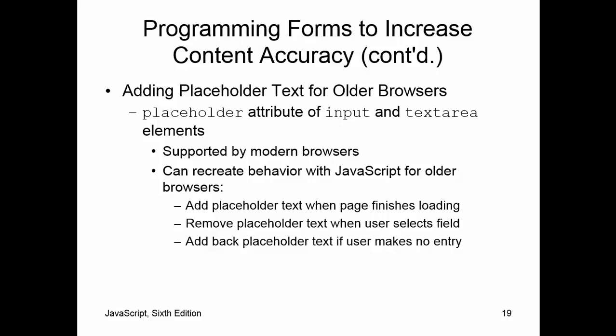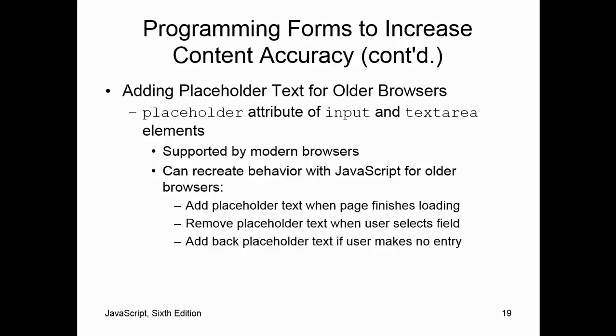All right. Placeholder text. The placeholder attribute, as it says, is supported by modern browsers, but you can recreate it using placeholder text for older browsers. But you have to do it programmatically.